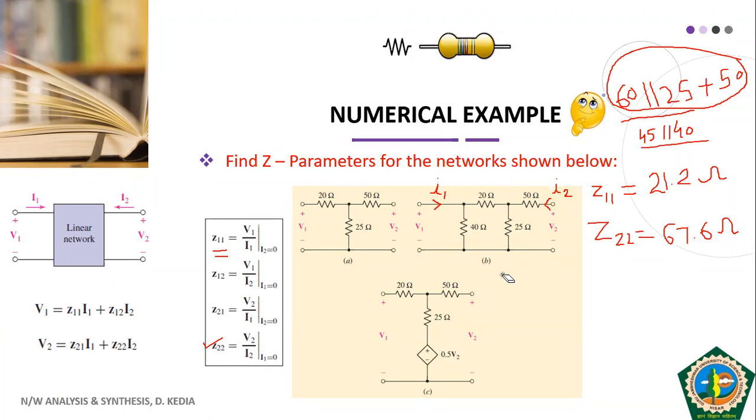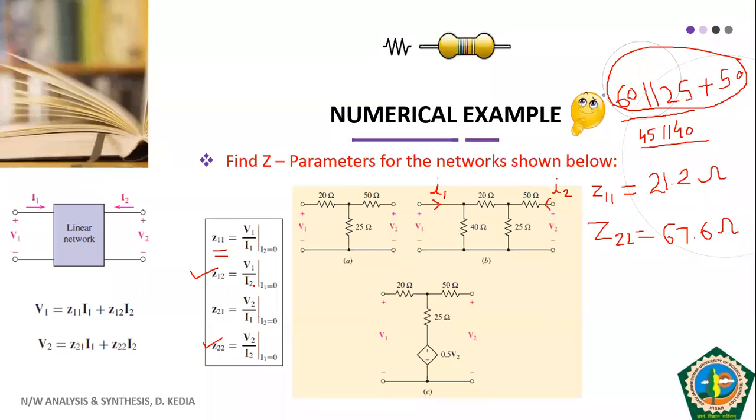Okay, so first let us see Z12. So your Z12 is V1 upon I2, and we have to make I1 equal to 0. I1 equal to 0 means no current is entering here. So we need V1 upon I2. You'll have to basically visualize the circuit.